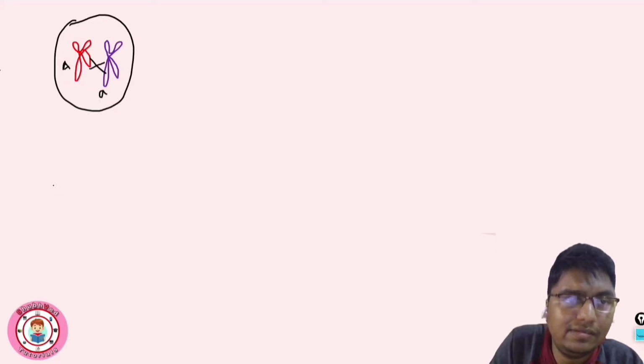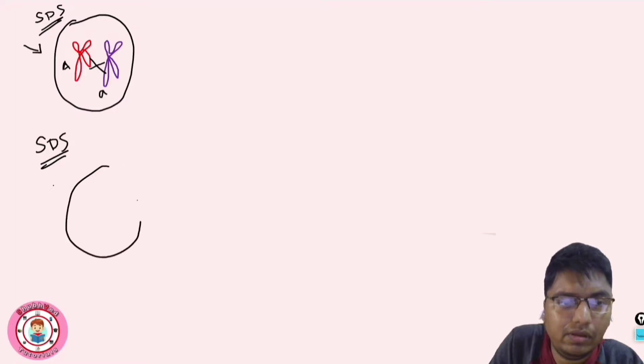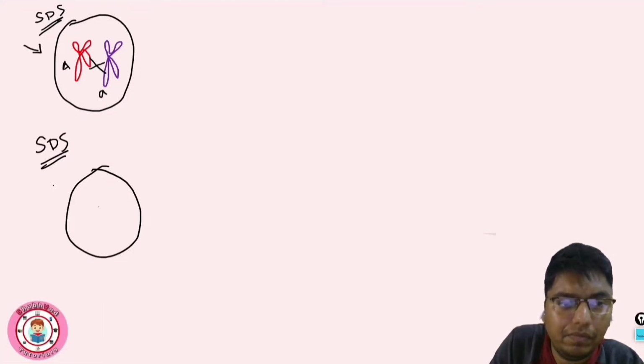In case 2 of the SDS, second division segregation, this is the first crossover. Now the second type, the crossover is between, I will show you after drawing here. Again, I will draw the chromosomes.